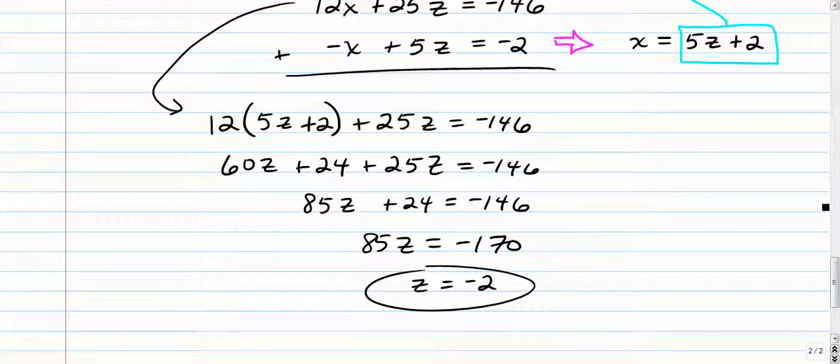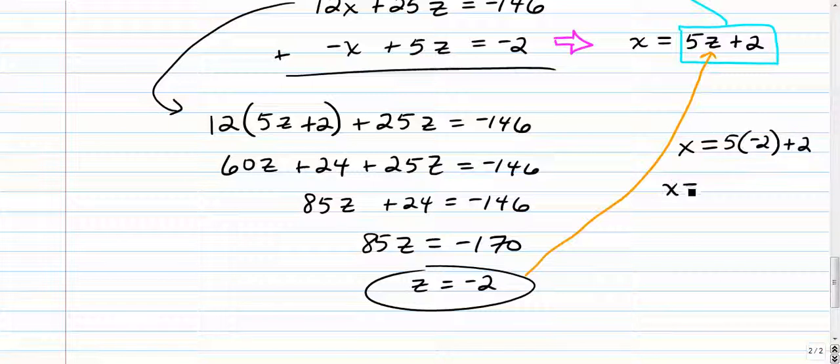Alright, the old trick we used before: when you have z, see if you can plug it in anywhere. That'll also give you another answer. x is equal to 5 times negative 2 plus 2. Negative 8.